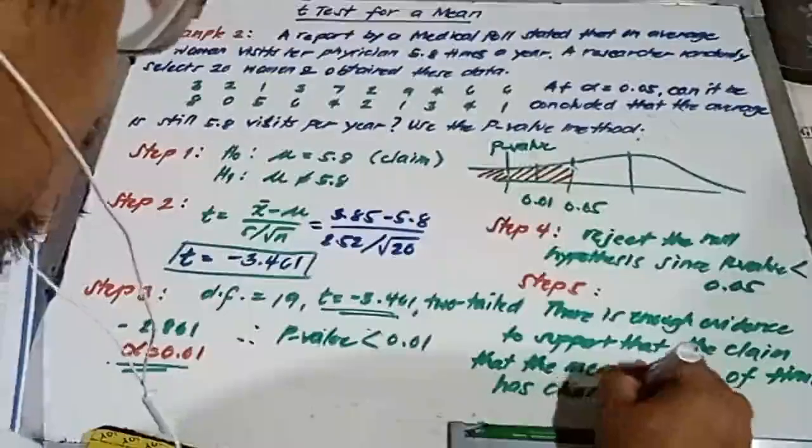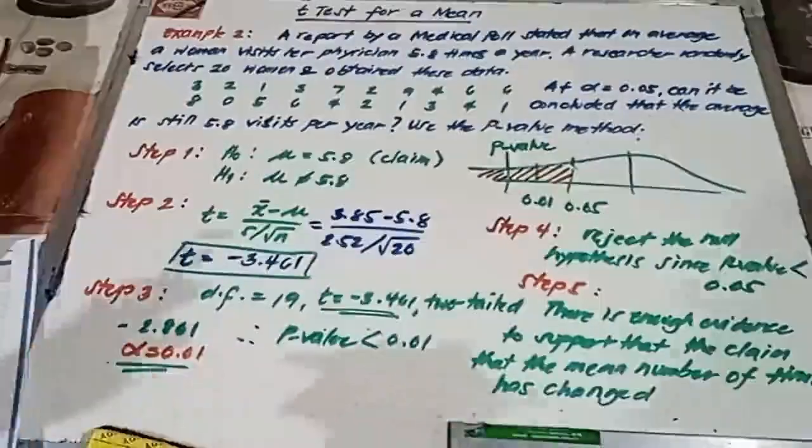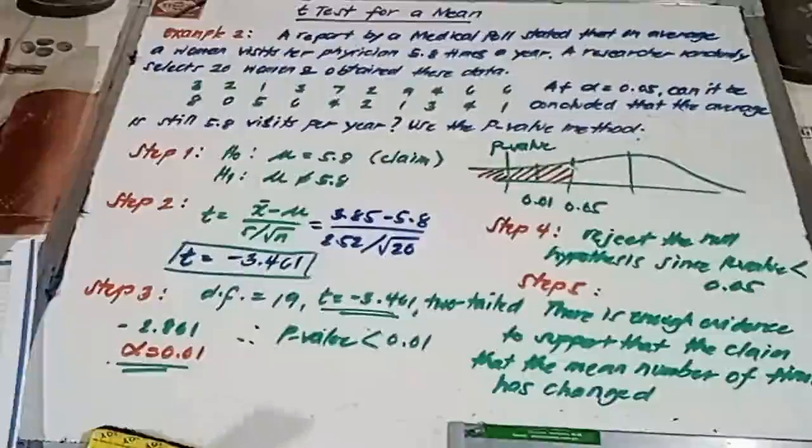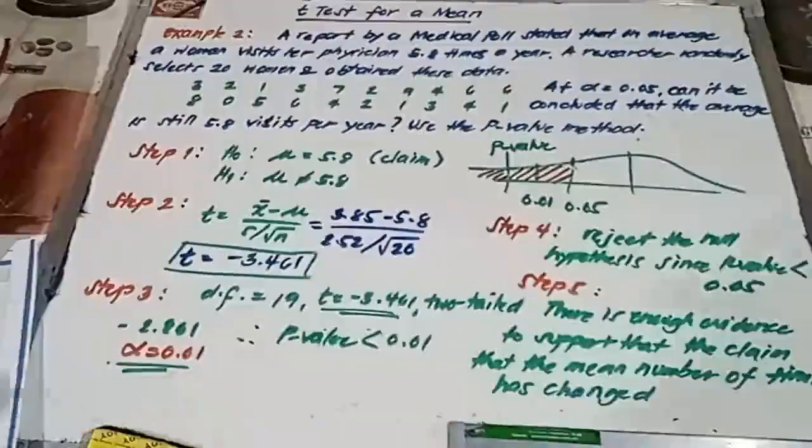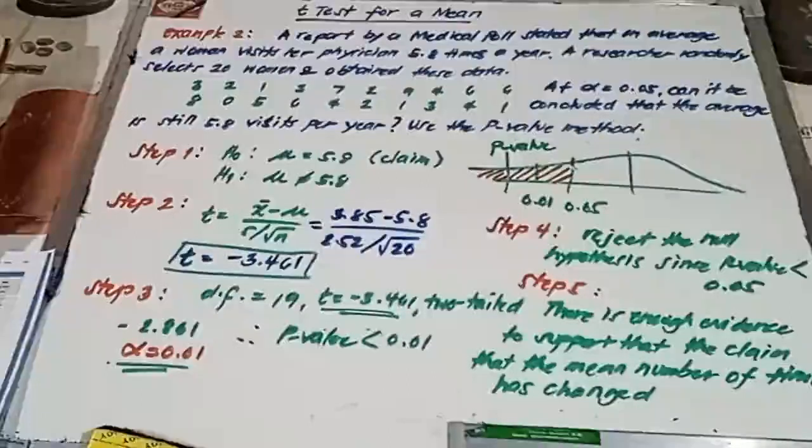Nabago na. It is not anymore 5.8 times a year. Okay? So that is our solution for example number 2, t-test for a mean using the p-value method. Thank you.